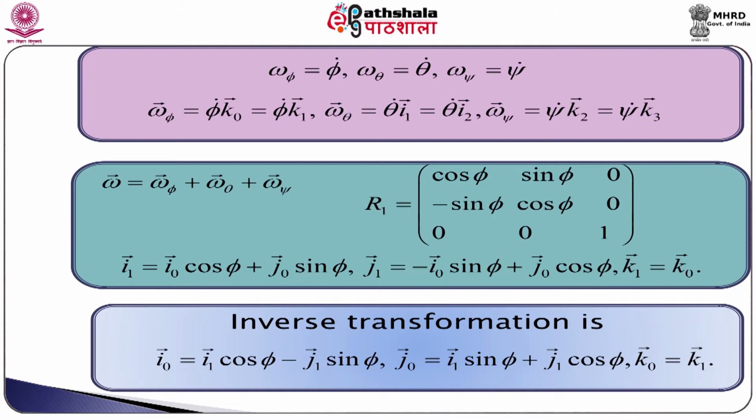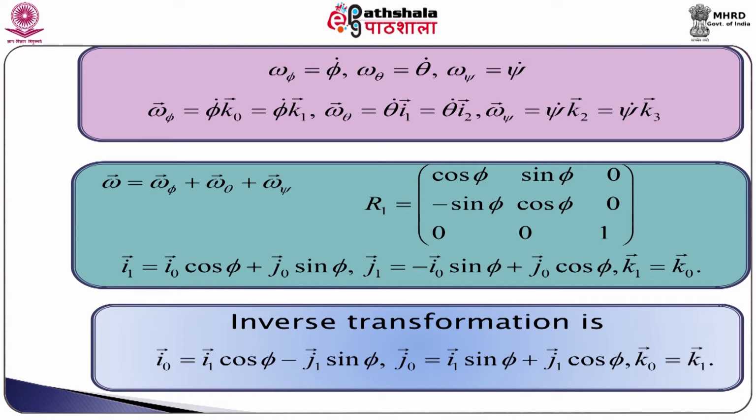Please note that in the second transformation we keep the axis fixed. Omega_psi vector equal to psi dot k2 vector equal to psi dot k3 vector in a similar fashion.